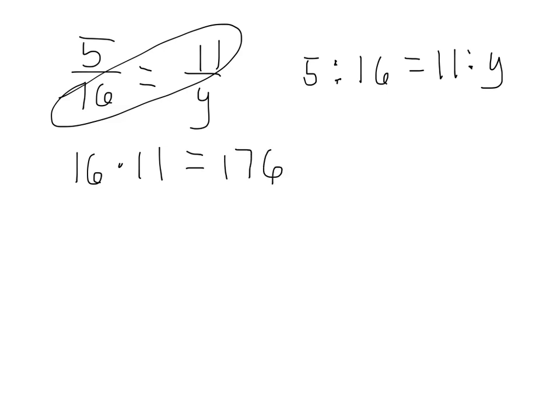And we're going to take that number and divide it by 5. Divided by 5 equals 35.2. And that's how you solve proportions. I think that that's enough for you to be able to do your homework tonight, but remember, these are really basic and important concepts in math.